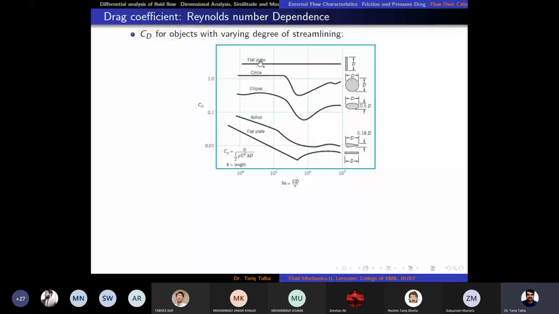So that is the reason we want to make our vehicles or aeroplanes in a streamlined shape, so that drag force would increase linearly with the Reynolds number rather than with the square of the Reynolds number, as in the case of semi-blunt or blunt bodies.